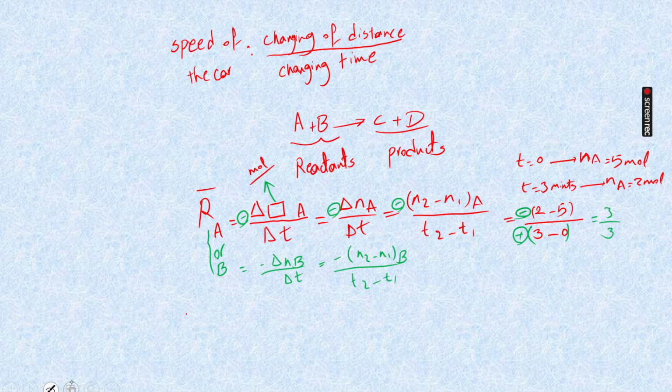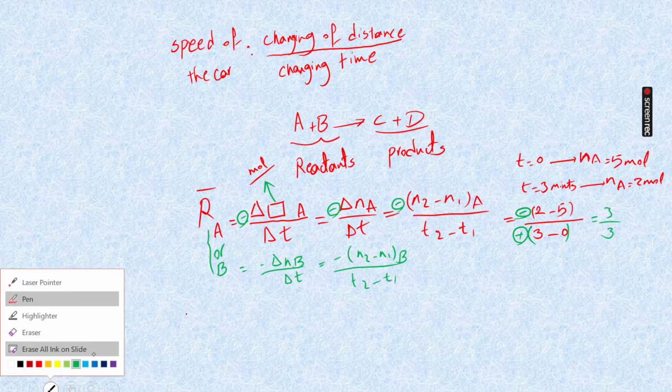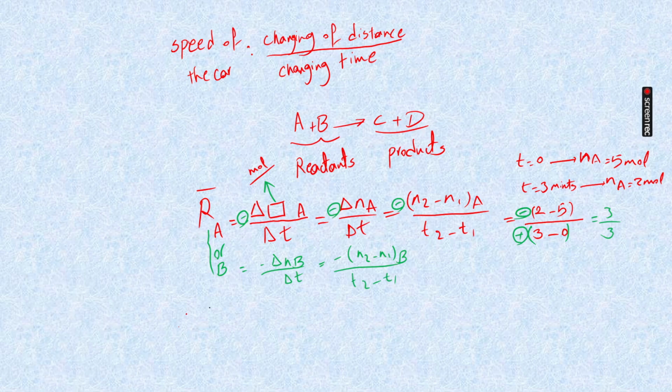But for the rate for C, it means the changing of mole for C over the changing of time. The changing of mole for C should be n2 minus n1 for C over T2 minus T1.